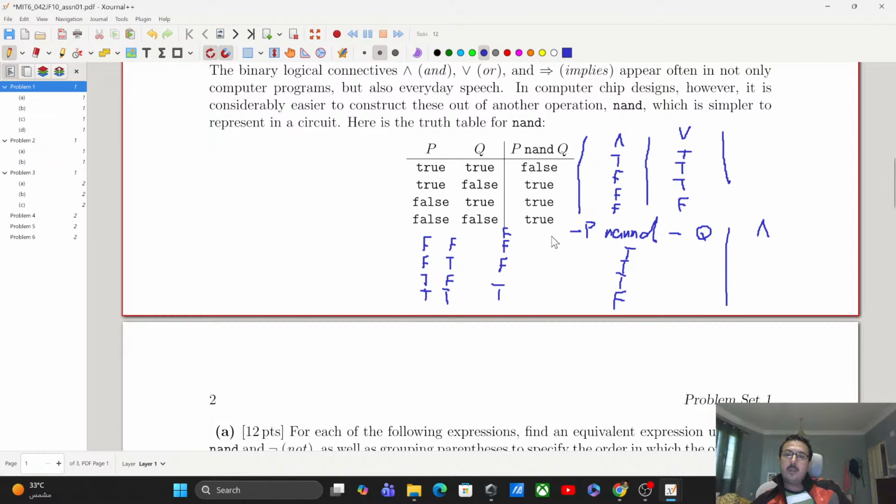I have this and or equals, if true, true, true, if true, true, true.